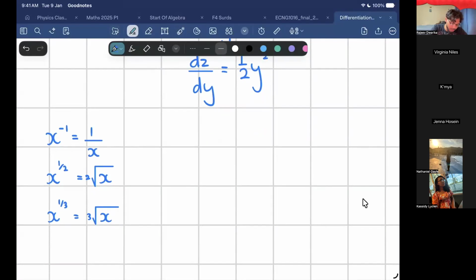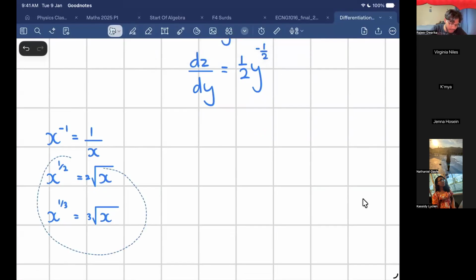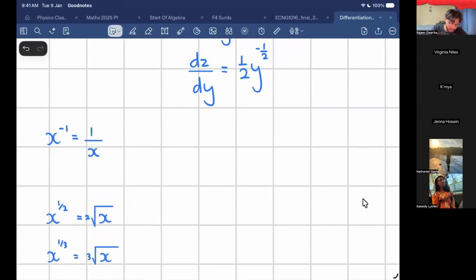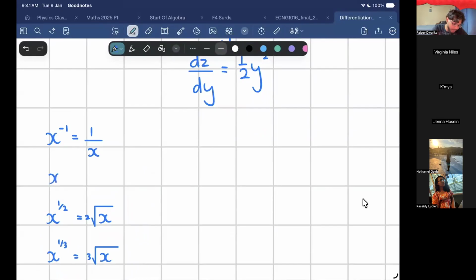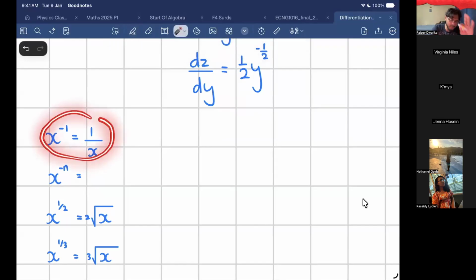So, generally speaking, we could make some generalizations. If I have x to the power -n, what would that be, Jenna? Now, look at this example a bit more closely.